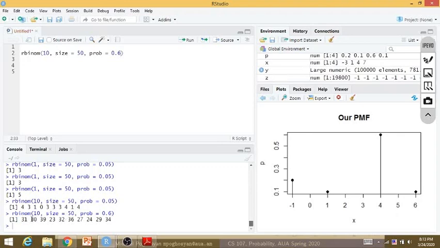Then it made another 50 trials with success probability 0.6 in each trial, and 30 were successes. And then it made another 50 trials with 39 successes, etc. So the computer is doing this experiment again and again, and counting the number of successes.